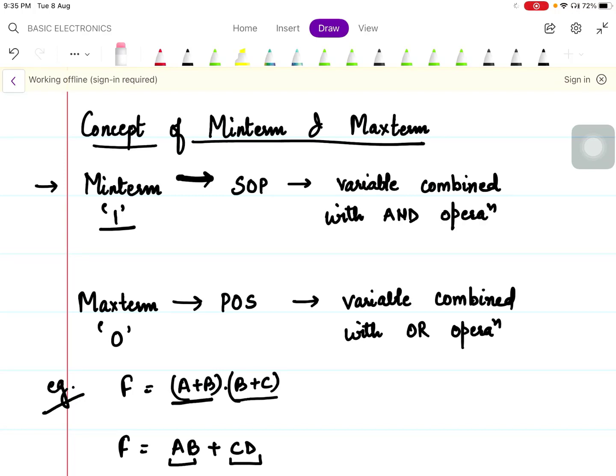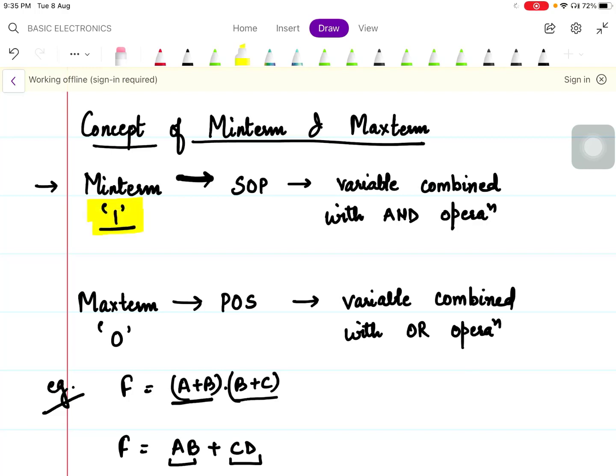As you can see, I have written that minterm corresponds to sum of product. We will see later on why I am saying so. But always remember that minterm corresponds to sum of product. And in minterms, one is prioritized.